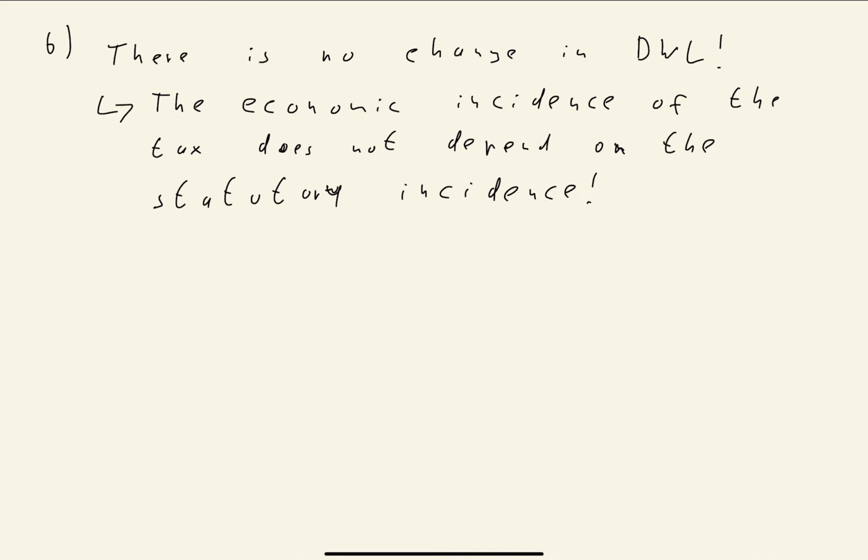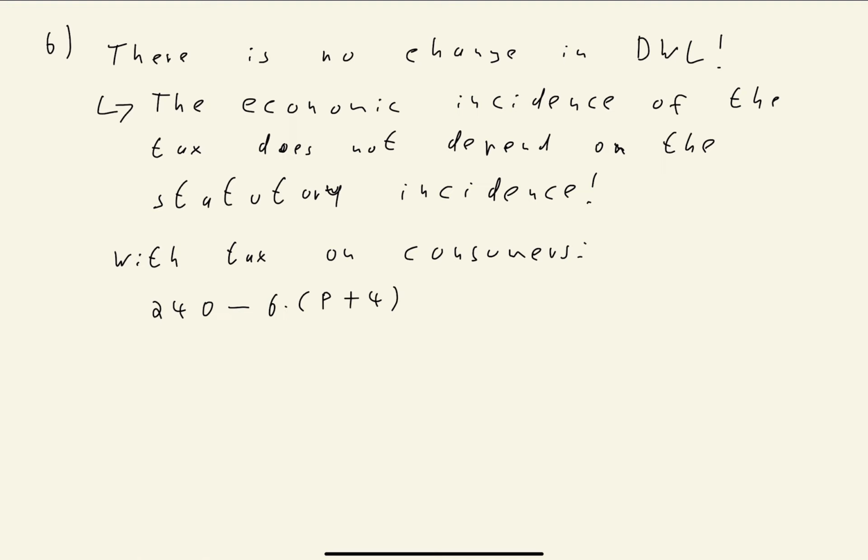So let's do it. The situation with the tax is as before, but now let's consider a situation where the tax is on the demand side. So with tax on consumers, the demand function changes to 240 minus 6 times (P plus 4).